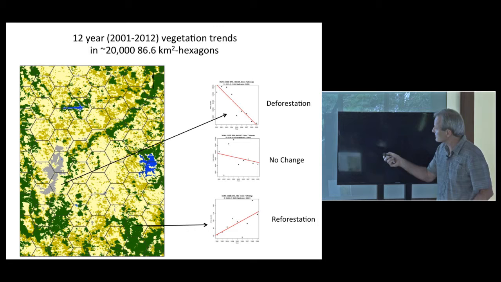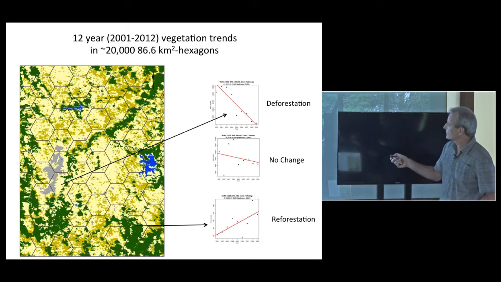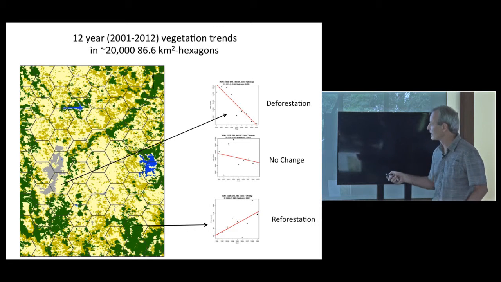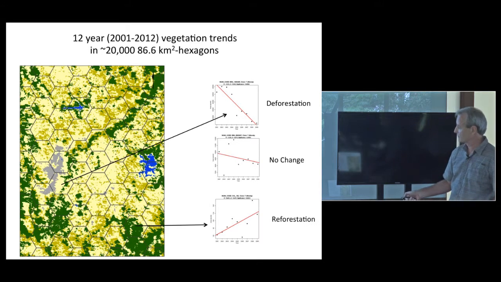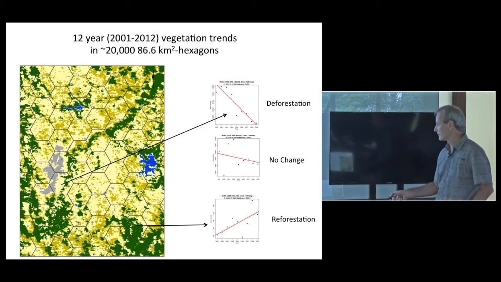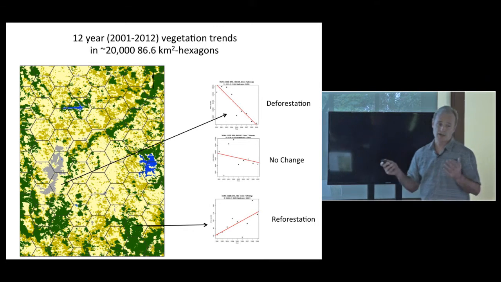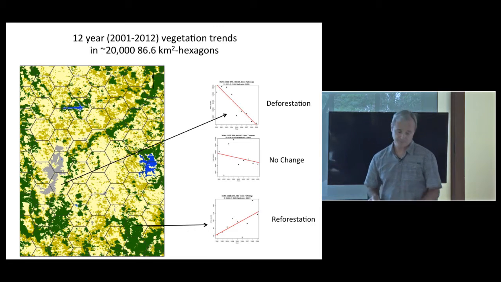In this municipality you can see the amount of woody vegetation decline. We had a significant decline. Another municipality is just kind of all over the board. There was no significant 10-year trend. And then here we have a municipality or a hexagon where there was a positive trend, reforestation.